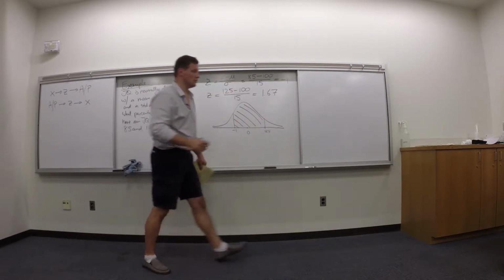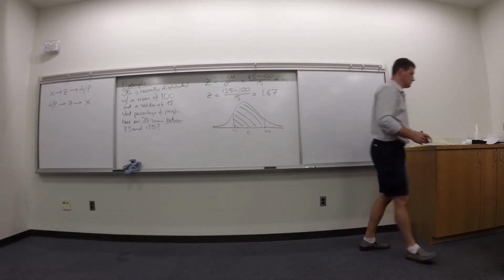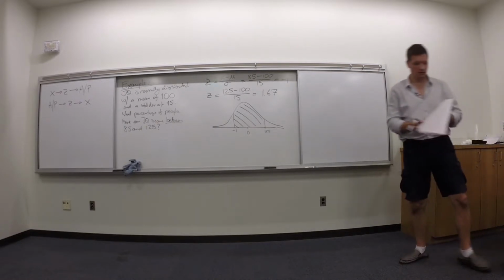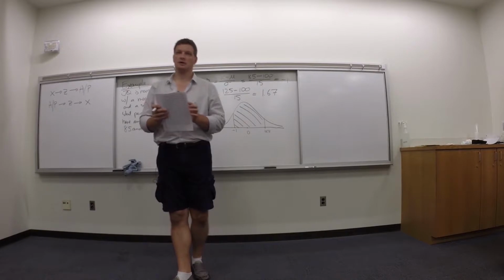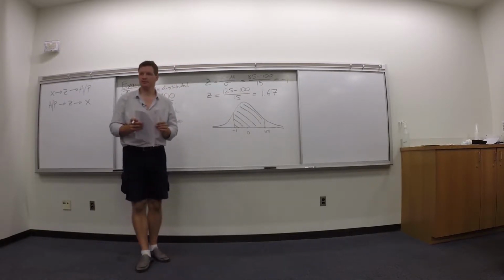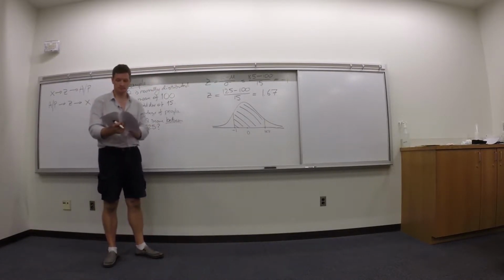Now, when we look at our table, standard normal distribution, that table only gives you the area to the left of the z-score.